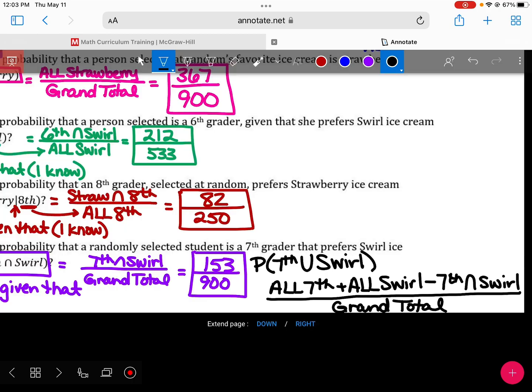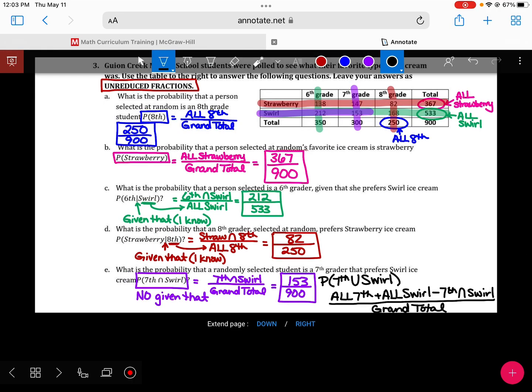Good question. Yeah, when you see the union, the U, that's when you have to do it differently.